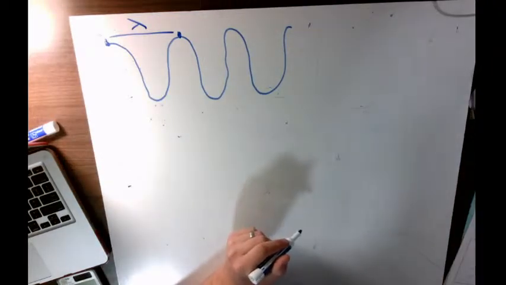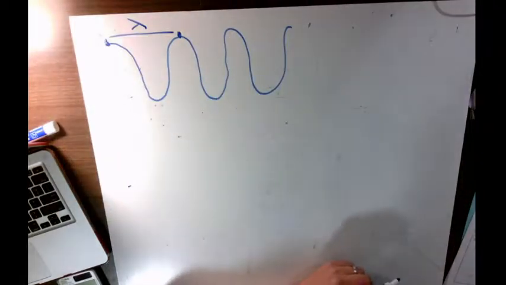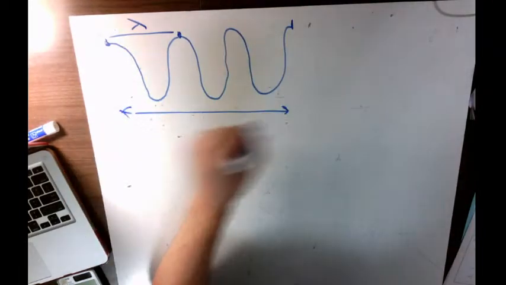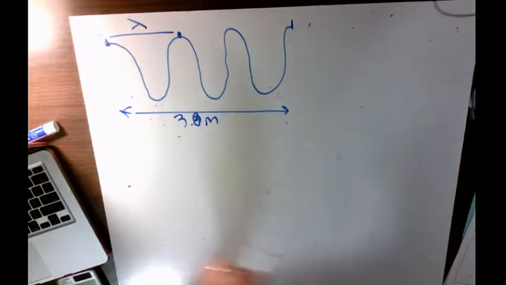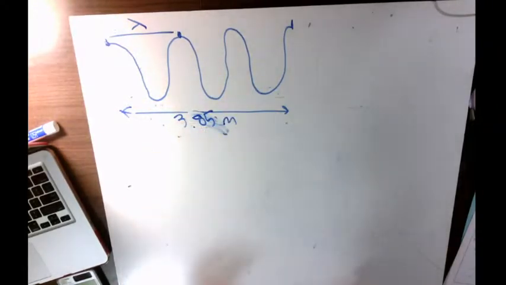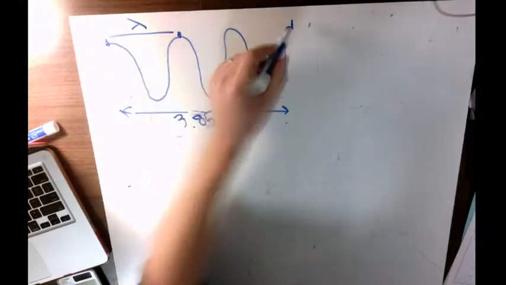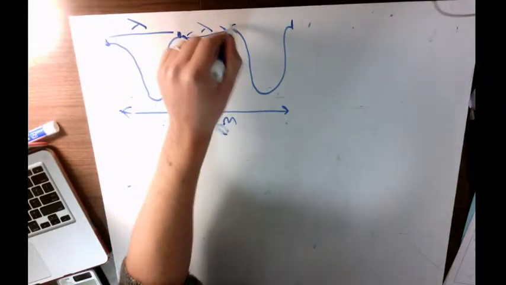We're looking at a wave that creates 4 successive wave crests, 1, 2, 3, 4, in a distance of 3.85 meters. So we know that this full distance is 3.85 meters. And that would be 1, 2, 3 wavelengths, because a wavelength can be our crest-to-crest distance.